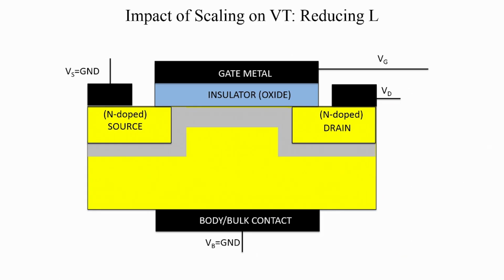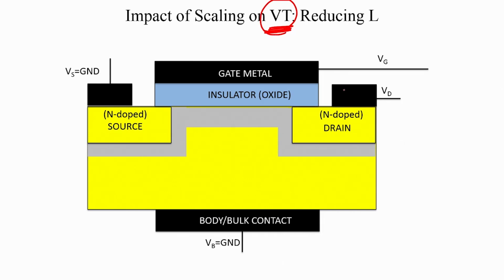So, what is the impact of scaling? Okay. So, the first impact of scaling down has got to do with the threshold voltage. So, we will talk about this first. Is the threshold voltage influenced by scaling of the MOSFET? Okay.